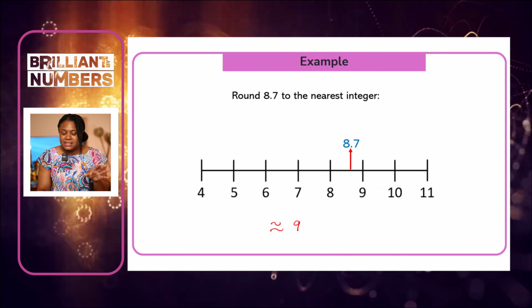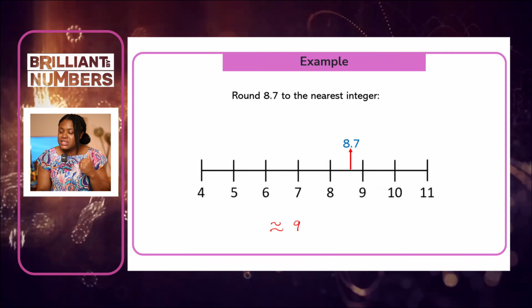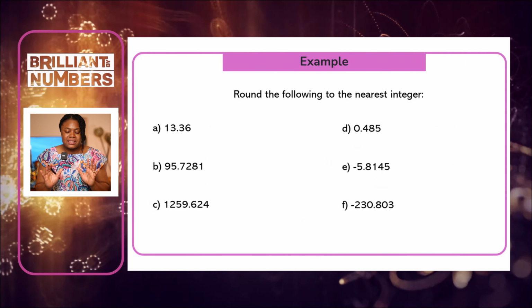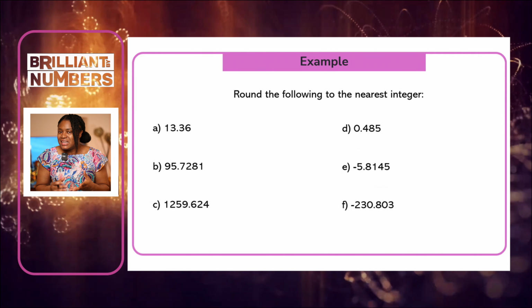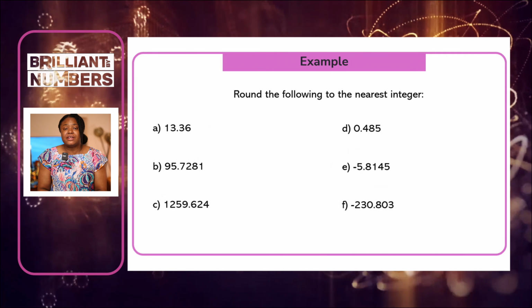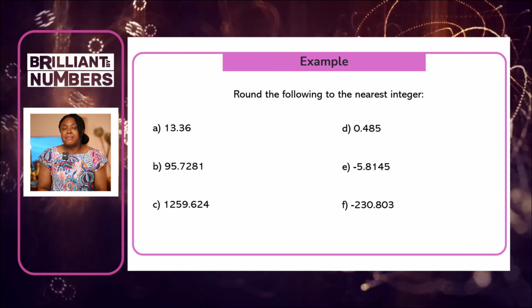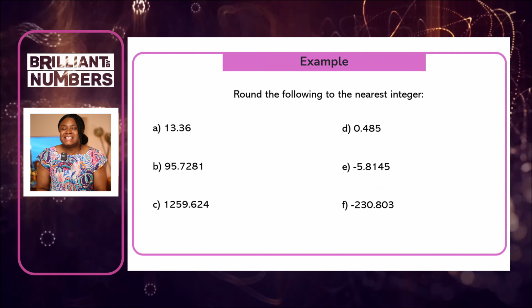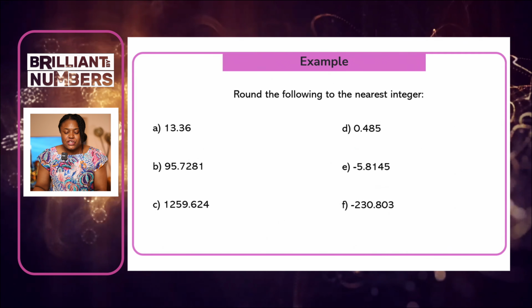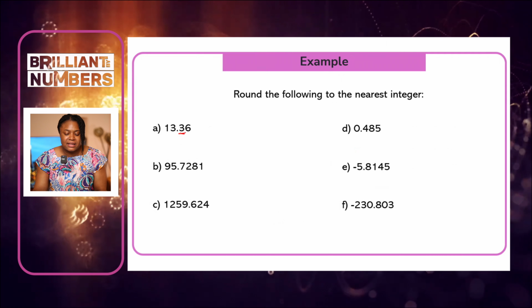Now, with that being said, we're going to use the rules that we've just developed. We're asked to round all of these 6 numbers to the nearest integer. So 13.36. Remember, rule 1 is to identify the digit in the 10th place. So 3 is in the 10th place.